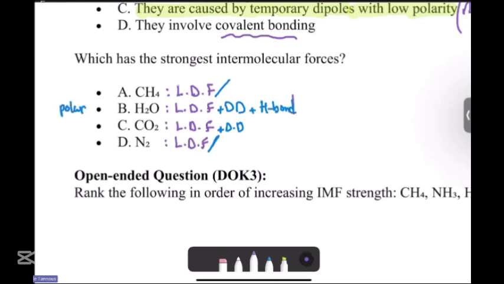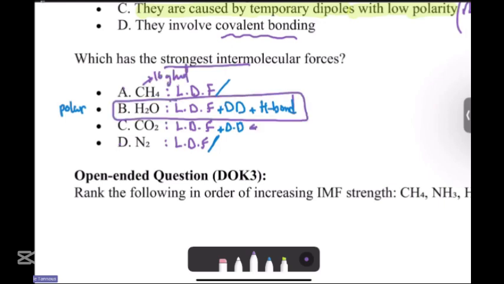The strongest intermolecular forces will be for the one having all kinds of intermolecular forces. So that comes first, this comes second. And then here, A and D. If I want to say which one is stronger, I need to find the molar mass or the number of electrons. The molar mass of this one is 16 grams per mole, and here it is 28. So if I want to rank them from stronger to weaker, it would be like this.